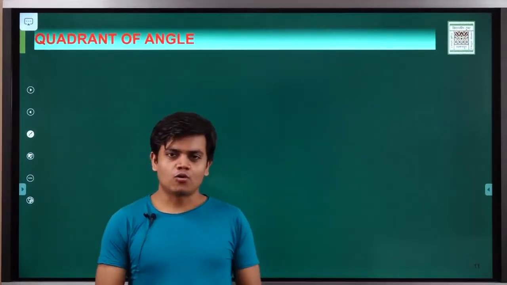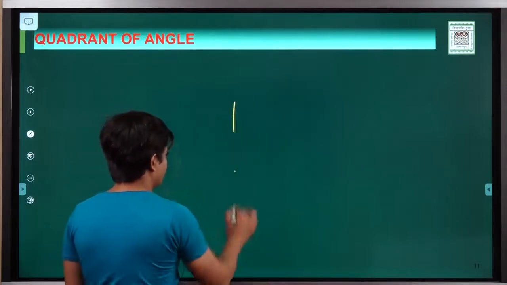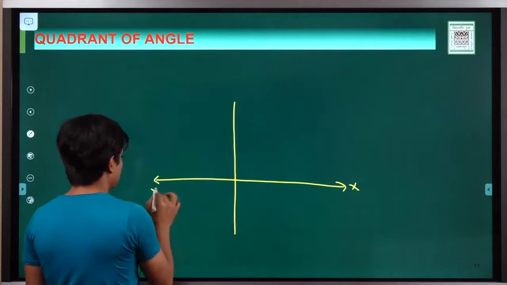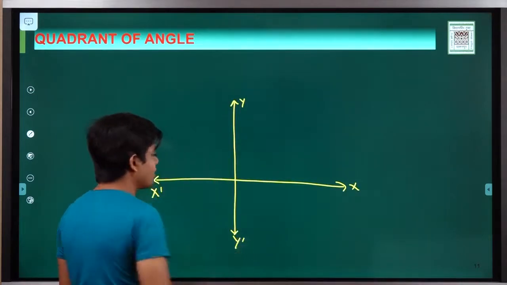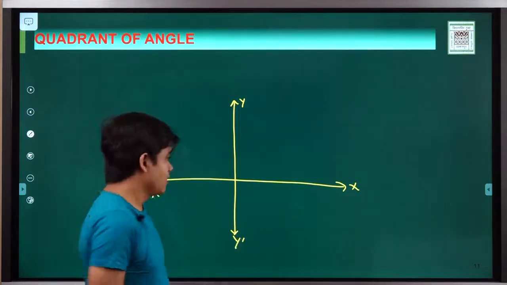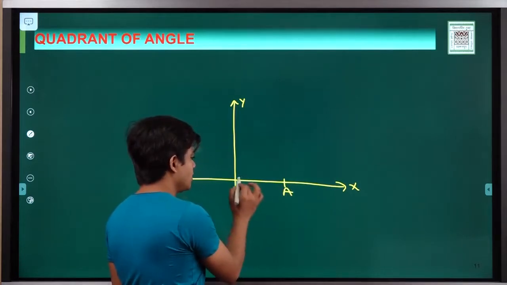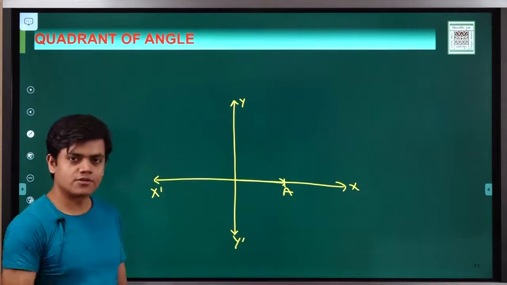So now what are quadrantal angles? You know already that there are four quadrants in this two-dimensional coordinate system. So the angles made by the quadrants are called quadrantal angles. For example, think a point A is over here on this x-axis. Then the quadrantal angle is 0.